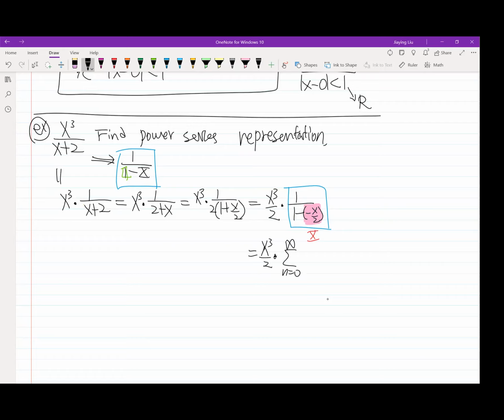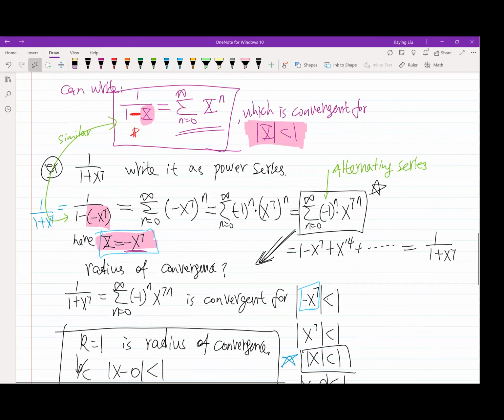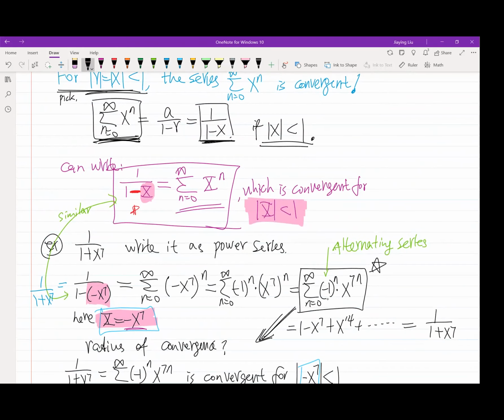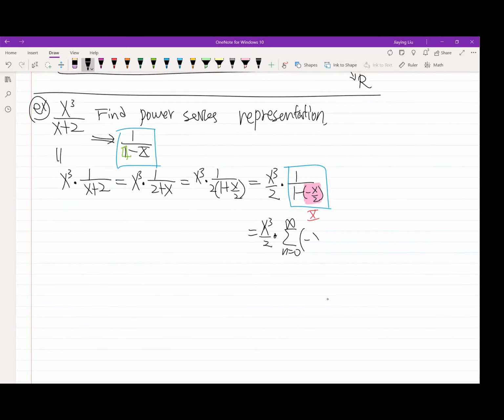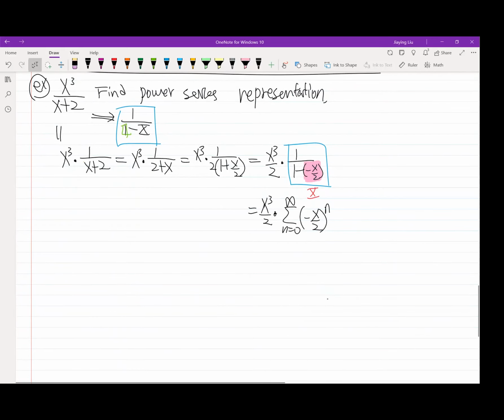It used to be capital X to the n, right? If you go back to this, that's just capital X raised to the n, but now it's negative x over 2 raised to the power of n. So let me write down: capital X equals negative x over 2 here.